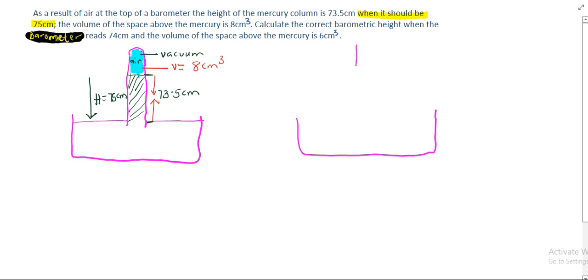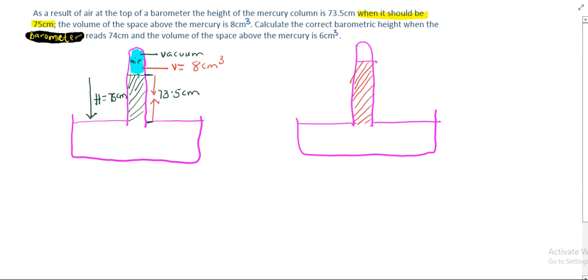So we are told to calculate the correct barometric height when the barometer reads 74 centimeter.